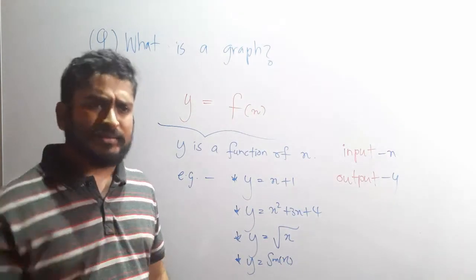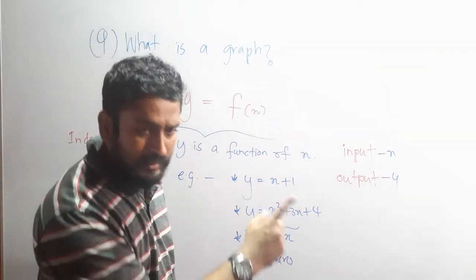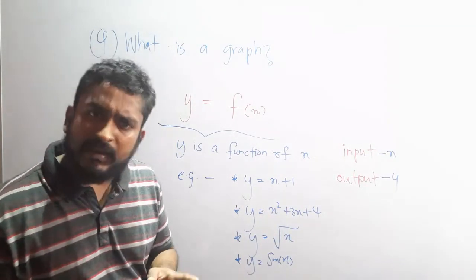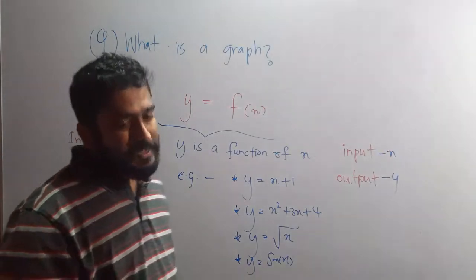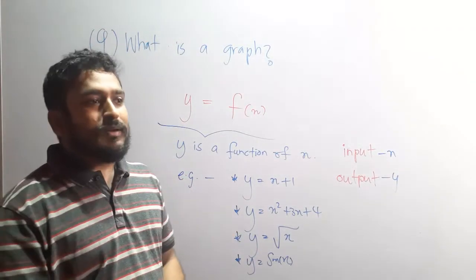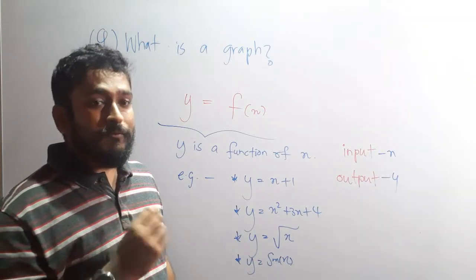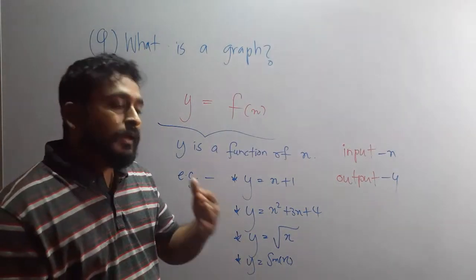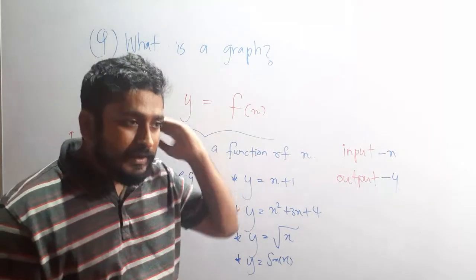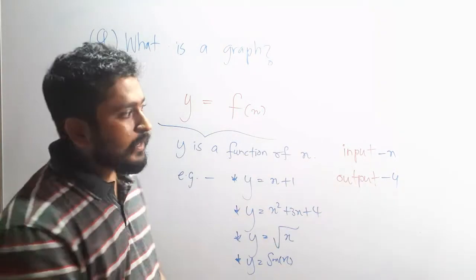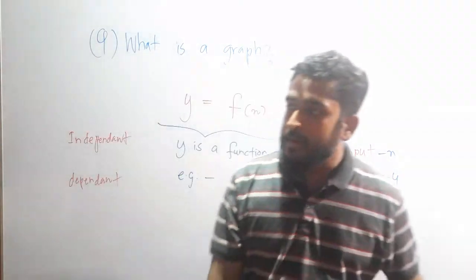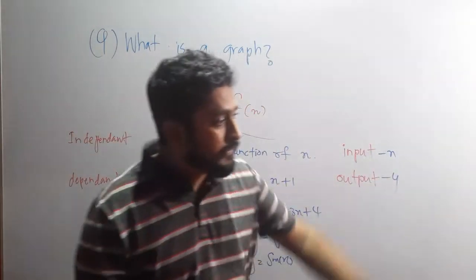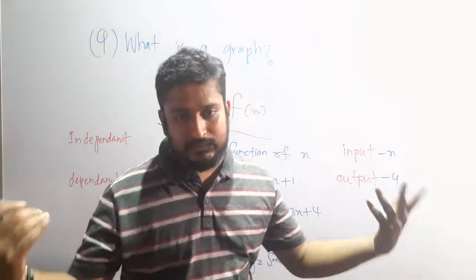Then what about x? We are giving the values for x as well. So is x also dependent? No, it is independent, because it is not a must to give values to x to plot y. Whether we are giving the values for x or not, x will have its own values from minus infinity to plus infinity on the x-axis.